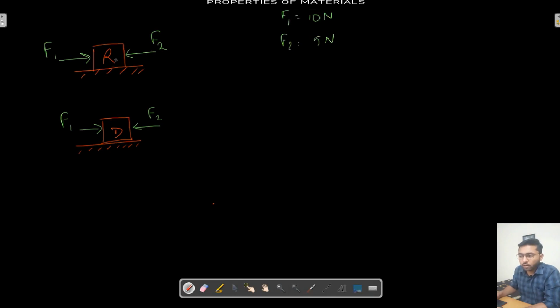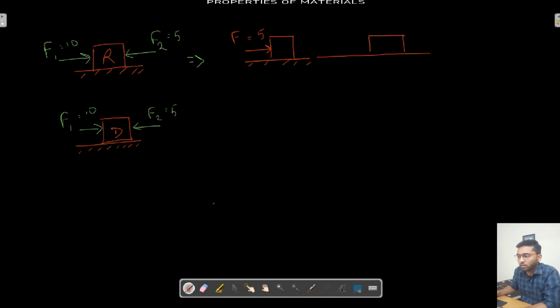If we analyze what actually happens in the rigid body, the net force acting on this rigid body will be F equal to 5 Newton in this direction. With this force, the rigid body will move from position 1 to another position 2.